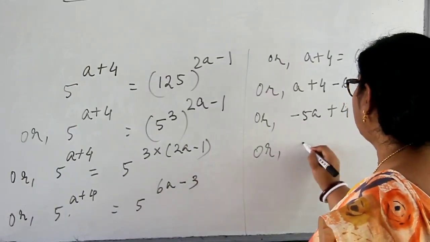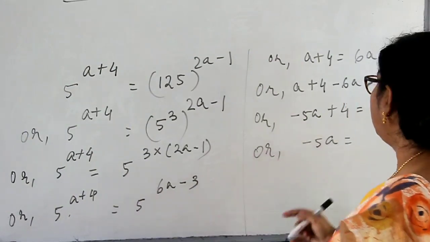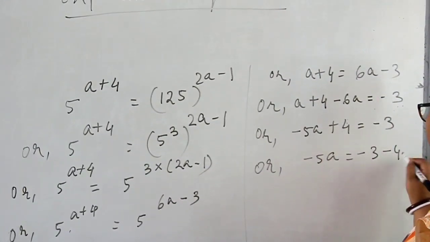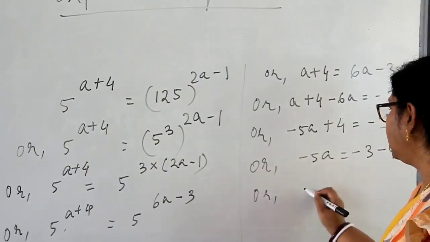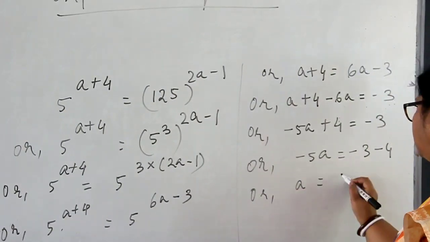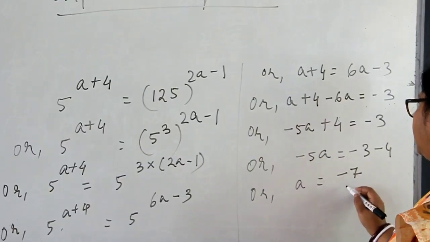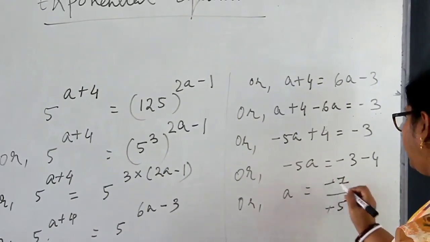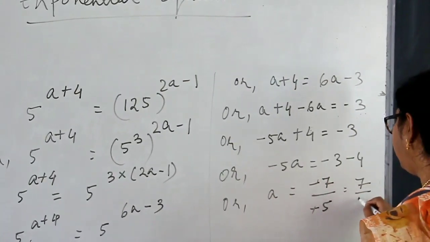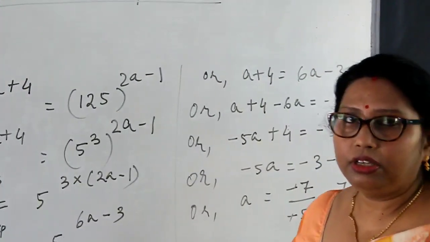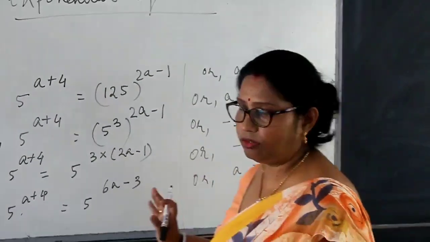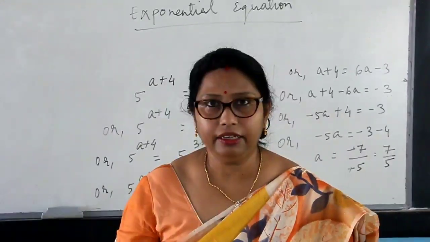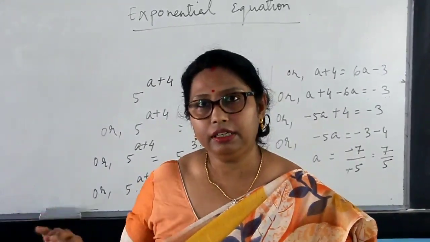Or you are going to have this as minus 5a, then plus 4 is taken to the other side, you will have minus 4. Or a equals to minus 7 divided by minus 5. After cancelling this minus sign, we can have 7 by 5. So we got the value of a here. So after getting the value of a, our example is solved.